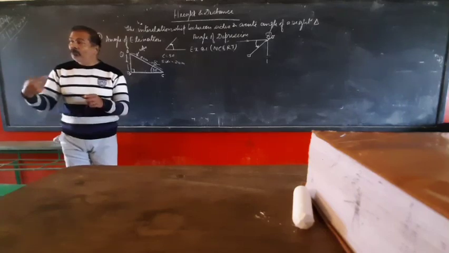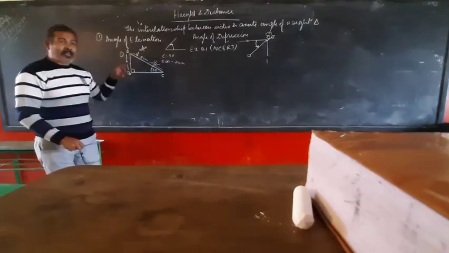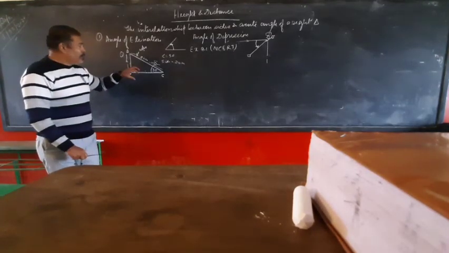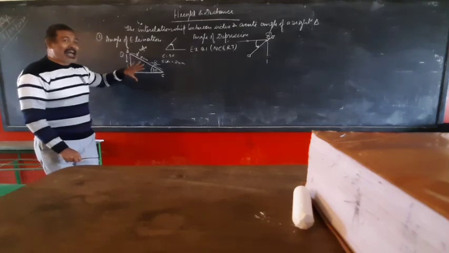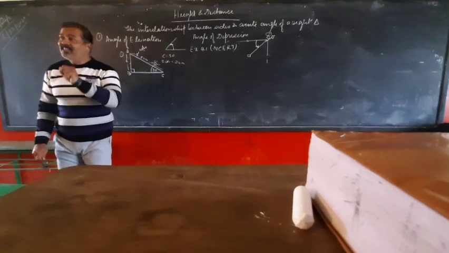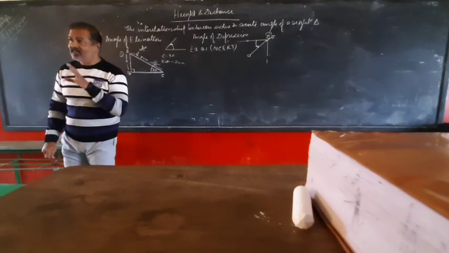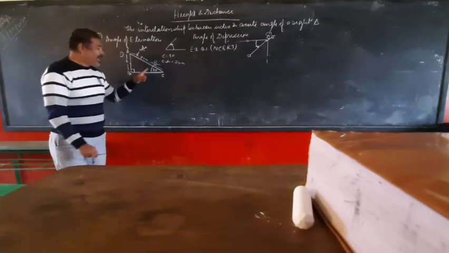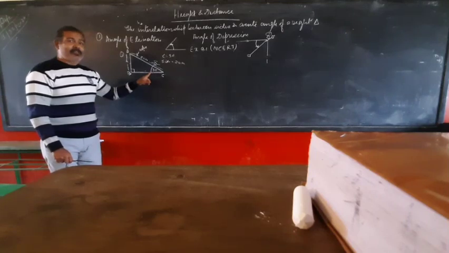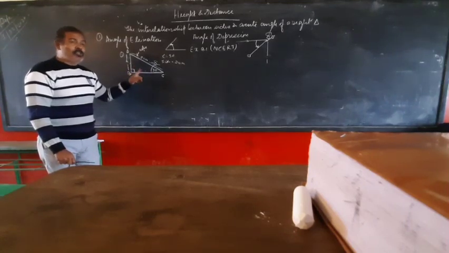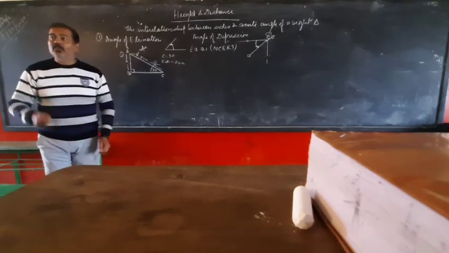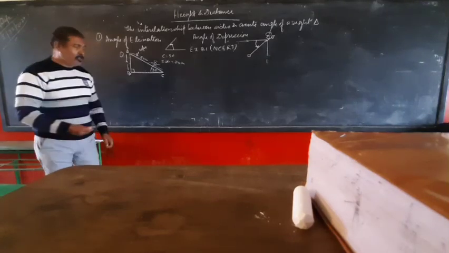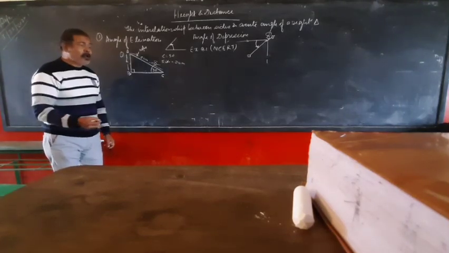Here you have to establish a relation between these two sides and the angle with the trigonometric ratio you have studied in the trigonometry chapter. For any acute angle in a right triangle, the side opposite to the taken acute angle is always, जोर से बोलिए, always perpendicular.